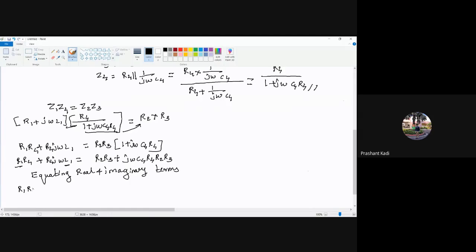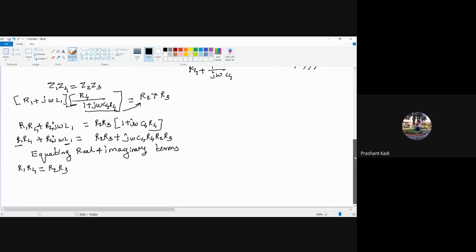R1 R4 equals what? R1 R4 equals R2 R3. We don't know the value of R1, so find the value of R1. R1 equals R2 into R3 divided by R4.